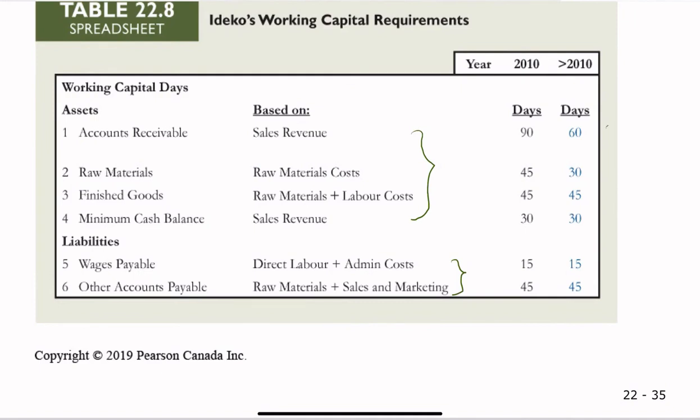And what you can see here is we're making improvements in both accounts receivable days and inventory days, right? Because we discussed this before. That is, if you can reduce the days, then you're managing your working capital in a more efficient way. So now we have to forecast our future working capitals based on these days, 60 and 30, right?